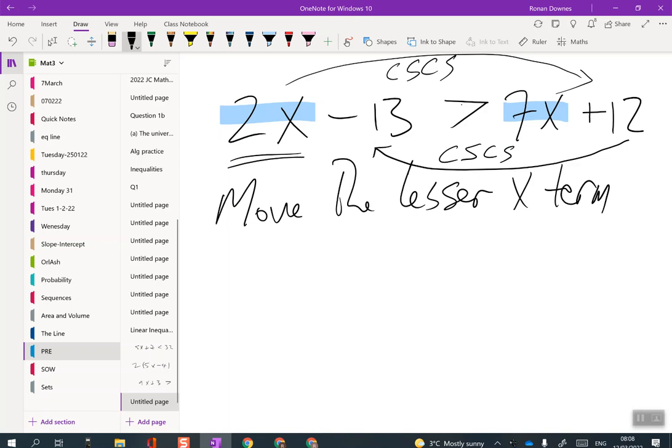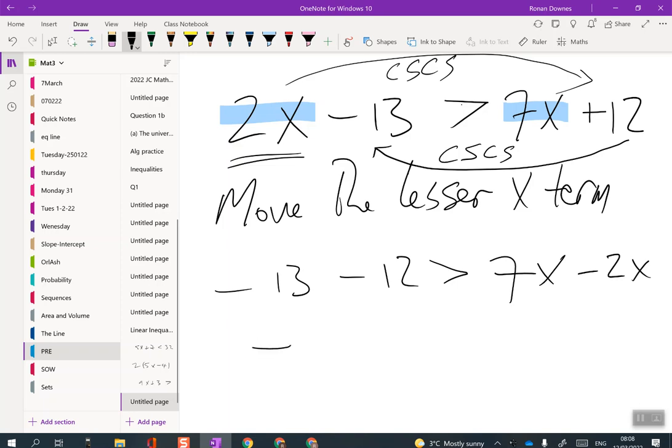So over on our right now we have our 7x subtract 2x, and on our left we have minus 13 minus 12. Now students might ask, where do I put the minus 12? Do I put it before or after? Well, subtraction is commutative, addition is commutative, so it doesn't matter.